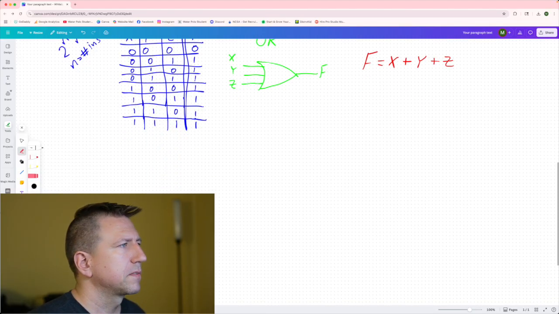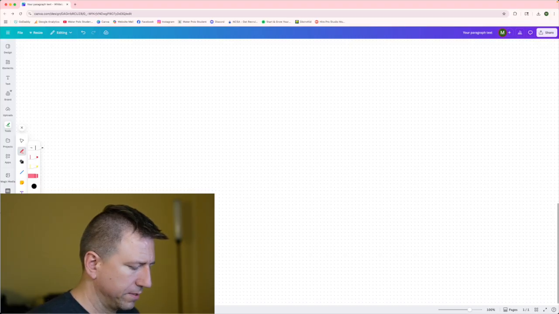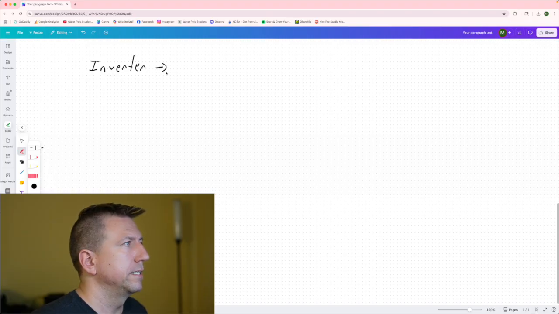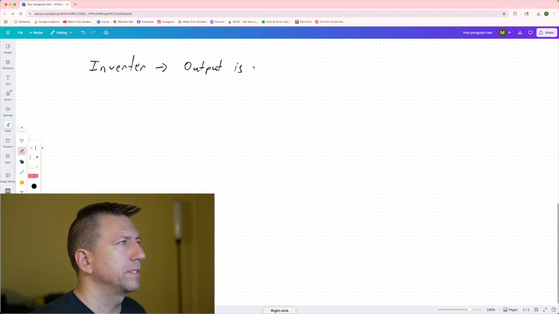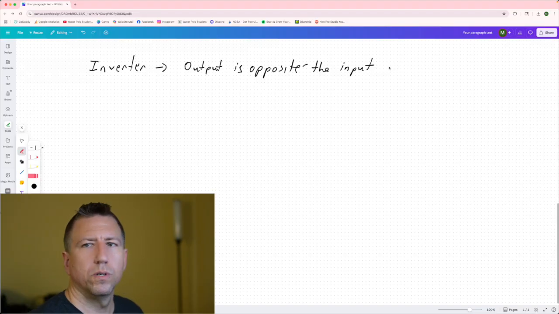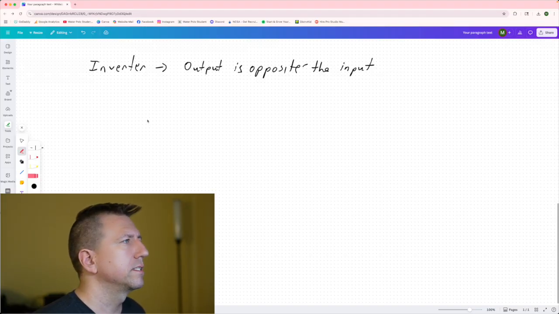Okay. Lastly, we have the inverter. And the inverter returns the output that is opposite the input. An inverter is a one input, one output device.